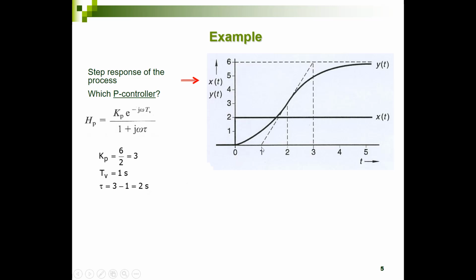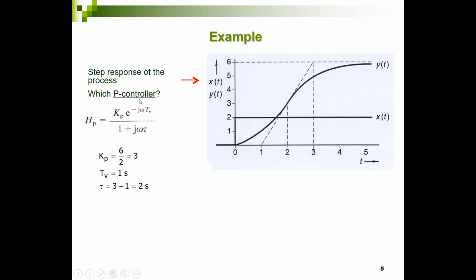Tv is the time between this point and the starting time of the output curve, so this intersection point, 1, minus the time over here, 0, which is 1 second. And Kp, we've seen, is the static value of the output signal divided by the step value of the input signal, which in this case is 6 over 2, and that is equal to 3. So now we have Kp, Tv, and tau.